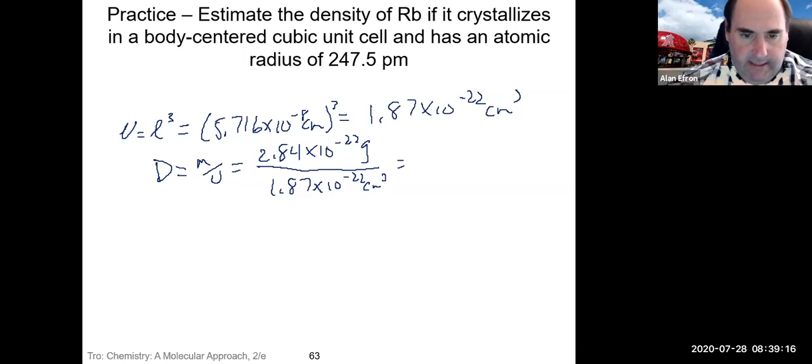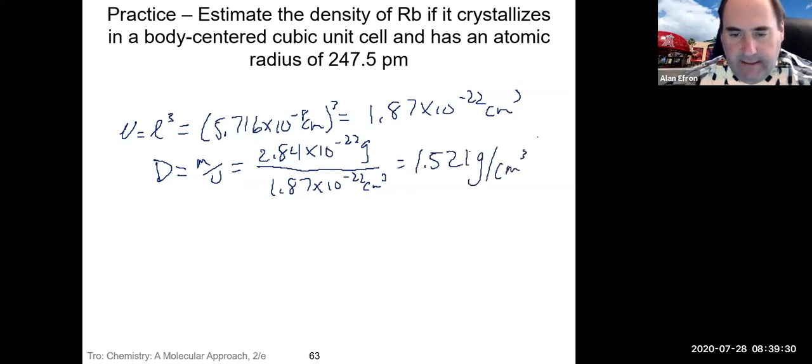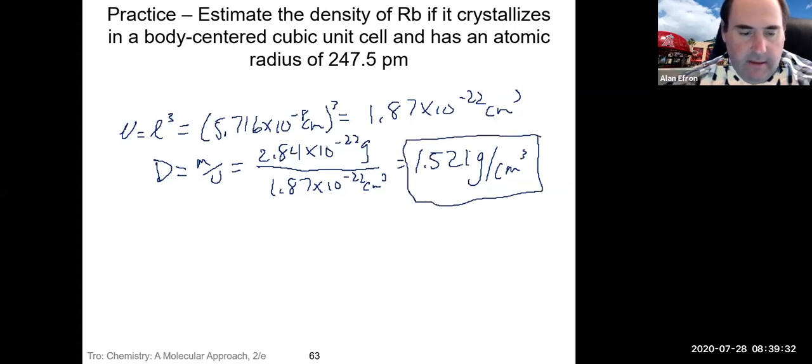So we end up with, making sure you use your exponent buttons, obviously, 1.52 grams per cubic centimeter. Any questions on that calculation there?